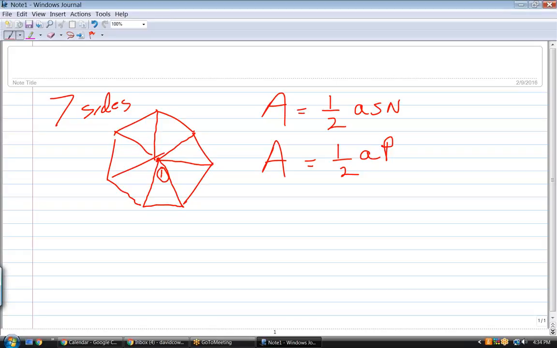Yeah. What's the measurement around the entire circle? From here back to there. How many degrees is that? 360. Okay. So what's the measurement of angle 1? 51.4. 360 divided by 7? Yep.